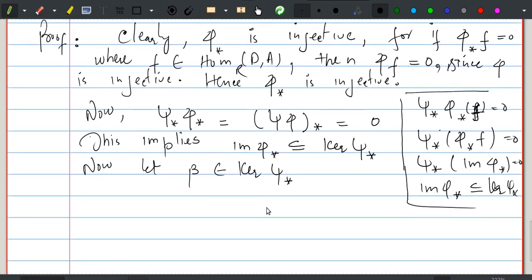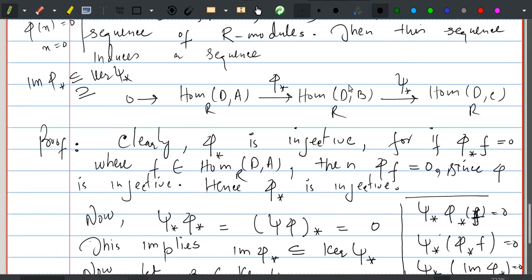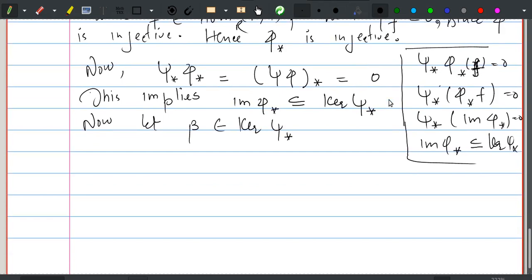Beta being an element of kernel of psi star means beta is a module homomorphism from D to B. Then psi star of beta will be 0, because beta is in kernel of psi star. But by definition, psi star beta is the same as psi beta. This means psi beta is 0.